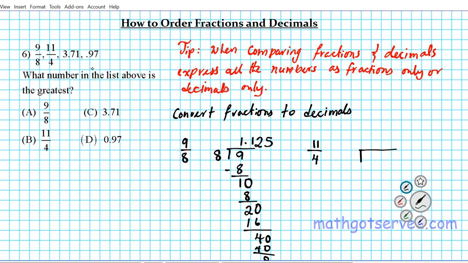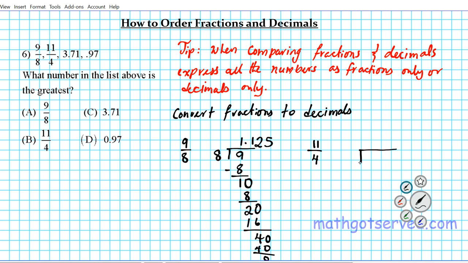So we're comparing it to these two numbers, and you see that this number here, 3.71, the whole number part of it, the number that's greater than 0, is bigger than 1. So just after the first step, you automatically know that this is smaller, because we're looking for the greatest. So you know that 9 over 8 is smaller than 3.71. So you didn't have to do the whole thing, but I just wanted to do a real quick review on long division for you, okay?